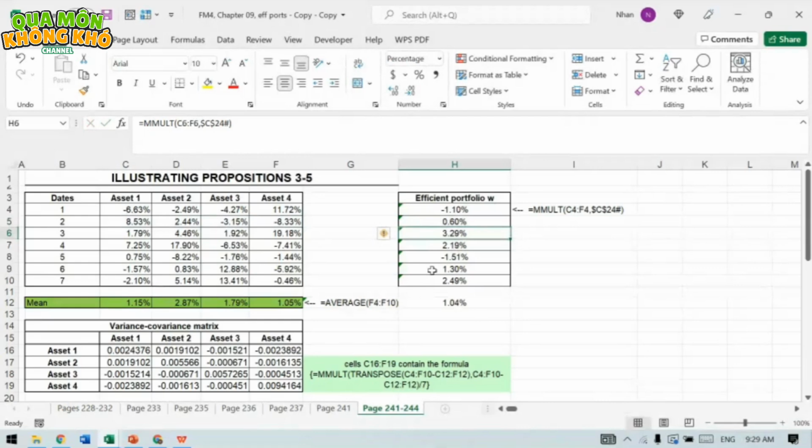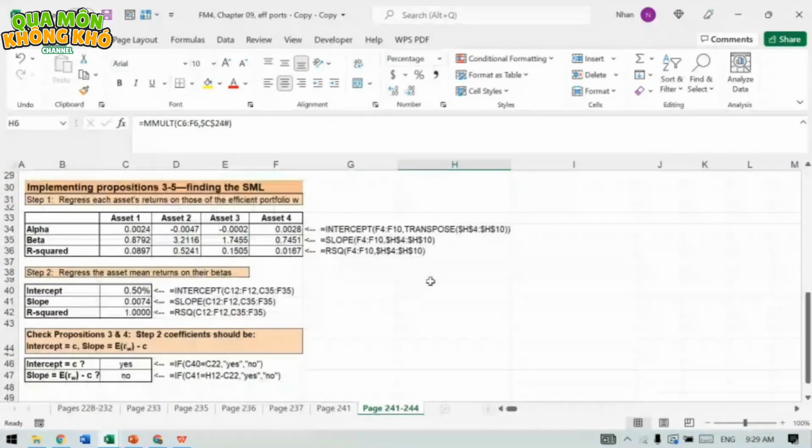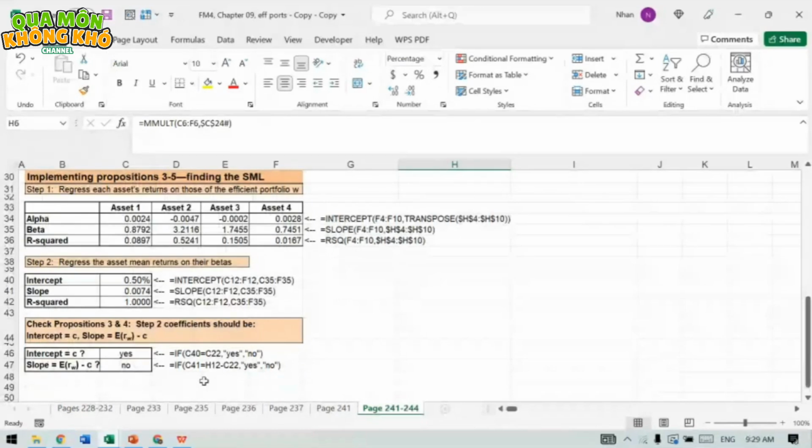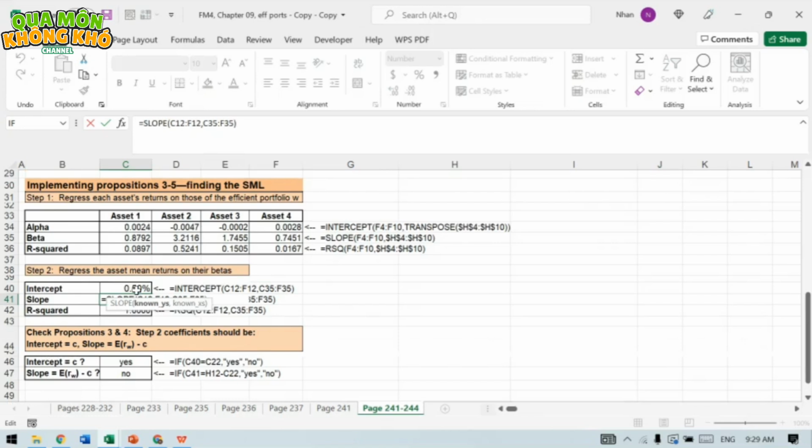Teacher, can you see anything wrong here? I think you have the second pass regression with R square 100%. I think that's right. Yes, 100%. But the slope and intercept are different. Yes, different.